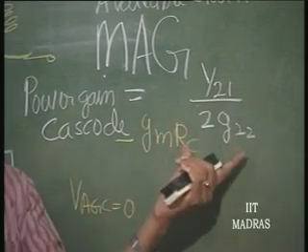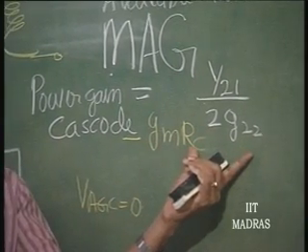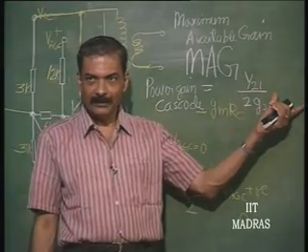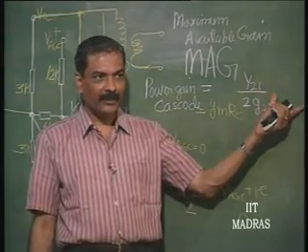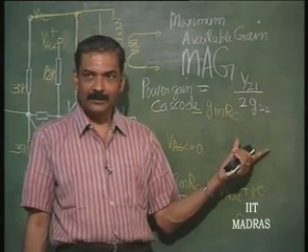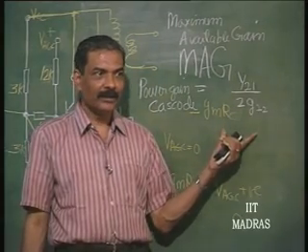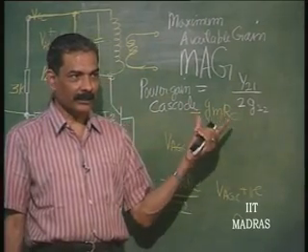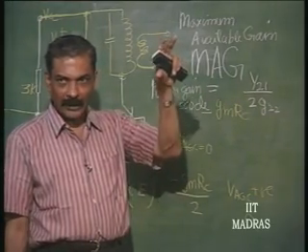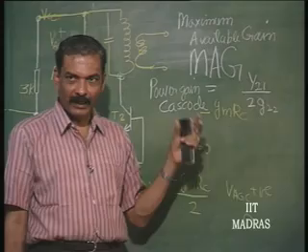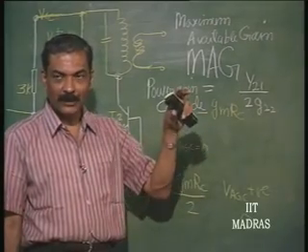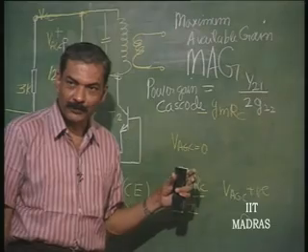Okay. This is the voltage gain, and current gain is nothing but Y21 again divided by Y11 plus Ys, that is current gain. Y21 is nothing but transconductance actually, which is nothing but output current divided by input voltage, and Y11 plus Ys is nothing but input current divided by input voltage.